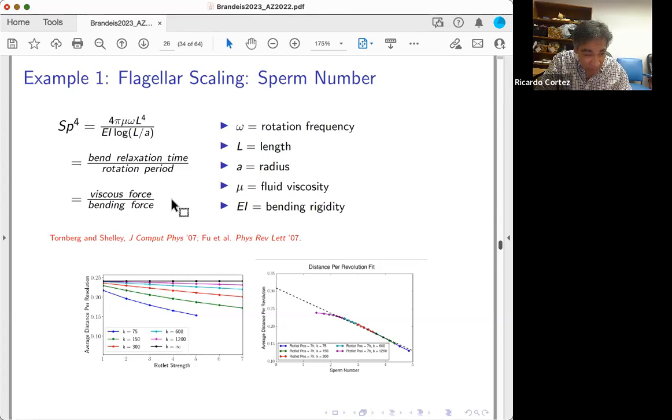You can interpret it in different ways. It could be a ratio of time scales, or it could be a ratio of force magnitudes. But in terms of the sperm number, all of these curves collapse onto a line. So this is a good way to look at these.